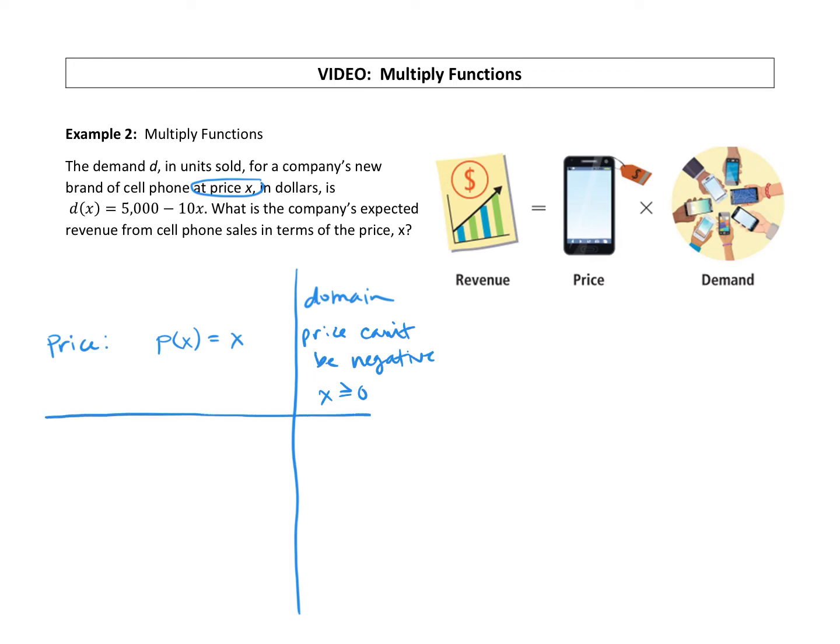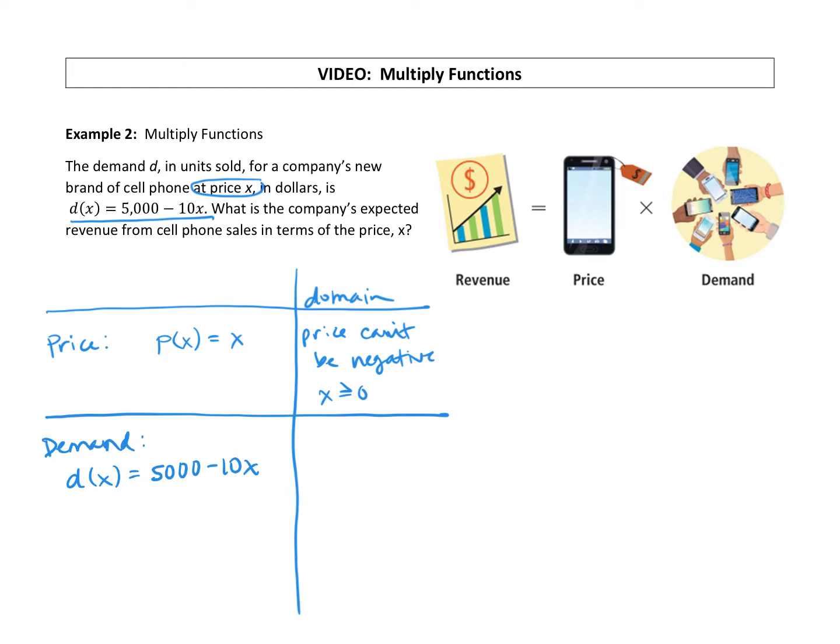All right, let's go ahead and define the demand function. So demand, they actually told us up here what it is. The demand is D of X equals 5,000 minus 10X. And when we think about domain for a demand, similar to the price, your demand can't have a negative value either.